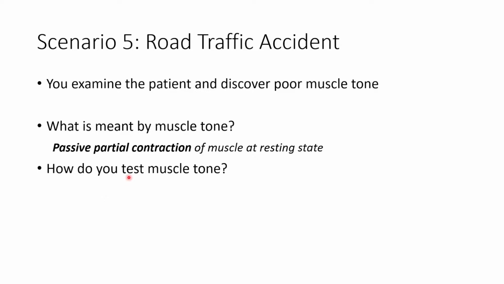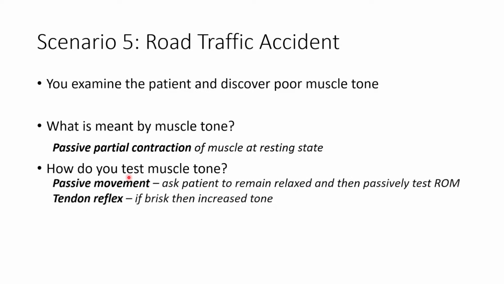So how would you test muscle tone? We touched upon this briefly. You can test it in two ways. You can test it with passive movement: you ask the patient to remain completely relaxed, and then you passively test the range of motion. Or you can do tendon reflexes. And tendon reflexes, if brisk, will indicate increased tone.